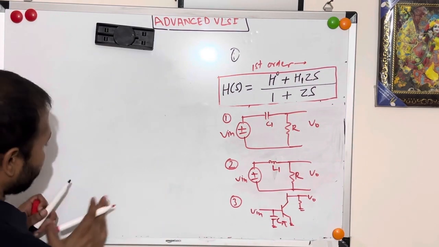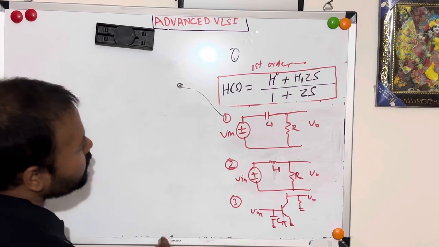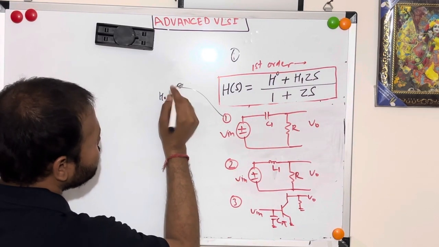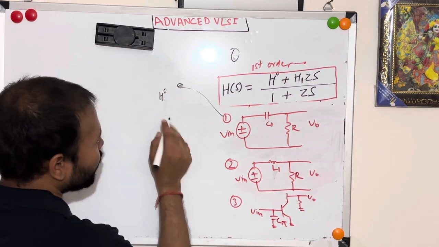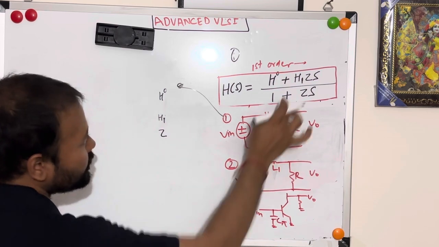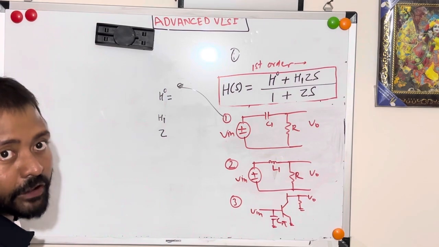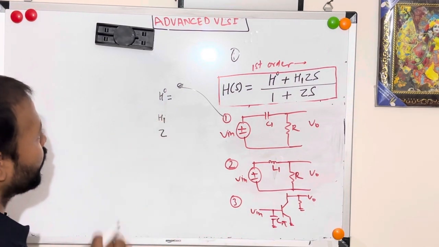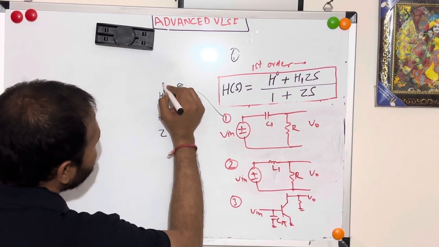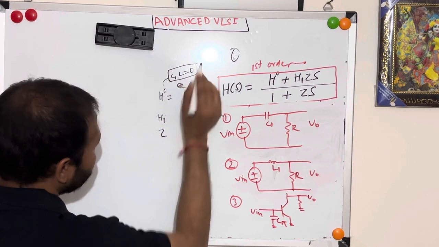So for the first question, how to solve it, how to find the transfer function? Find the three values: h of 0, h of 1 and tau. Tau is the same. So how to find h of 0? When I say h of 0, C or L put value 0.